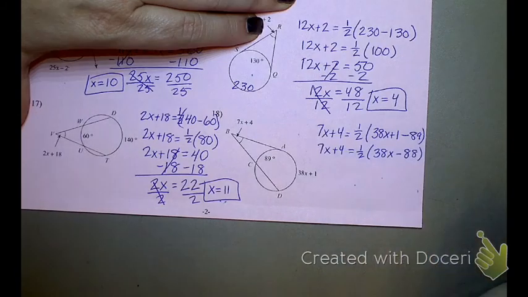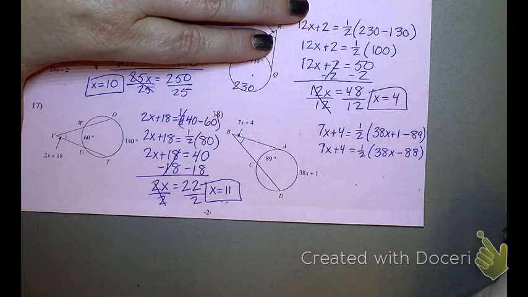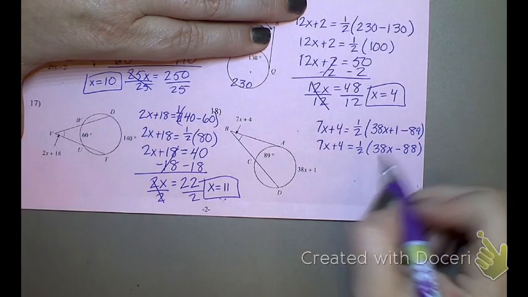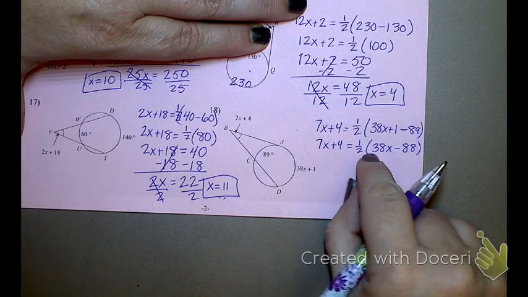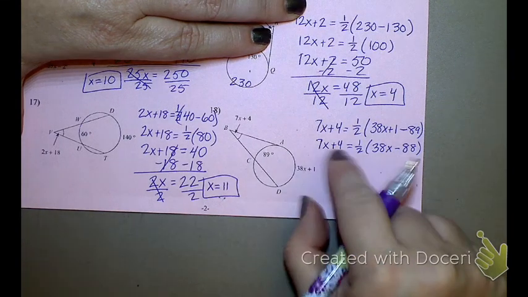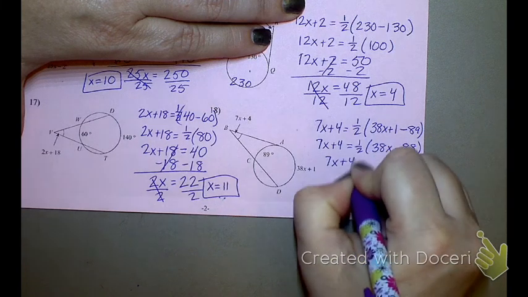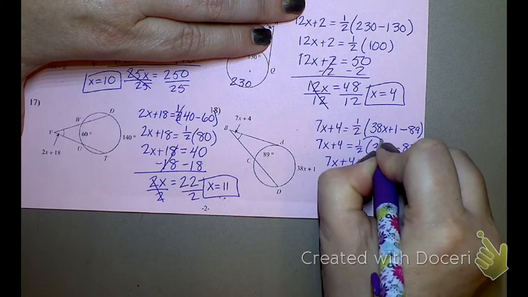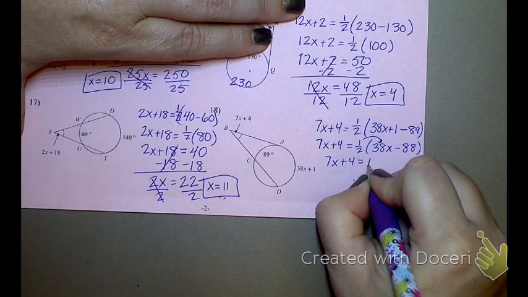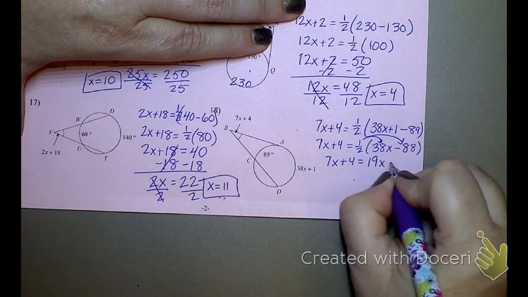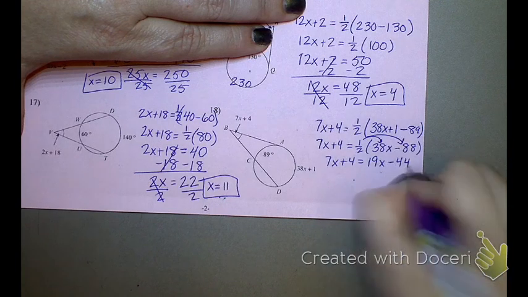Is that right? Now, let's distribute 1/2, because since both of these are even, 1/2 will distribute nicely. If I wanted to multiply by 2, I have to multiply both of those by 2. So let's see, 7x plus 4 equals, what's half of 38? 19x, and half of negative 88 is negative 44.